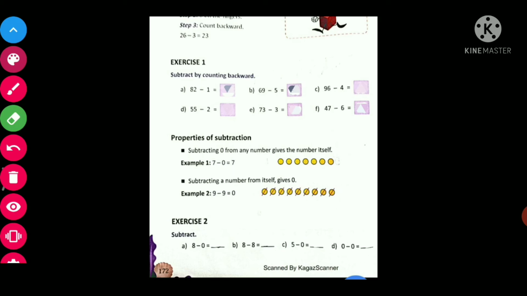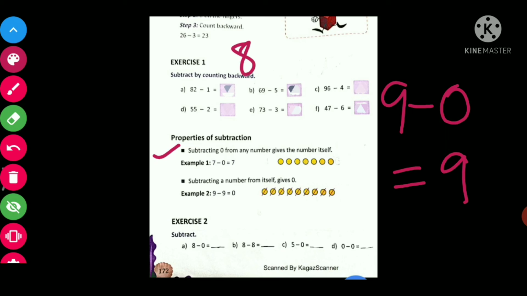Now see, some properties are given. Okay, properties of subtraction. So the first property is what? Subtracting 0 from any number gives the number itself. That means if 0 is subtracted from any number, we'll get the same number. If 9 minus 0 is there, then we'll get 9.